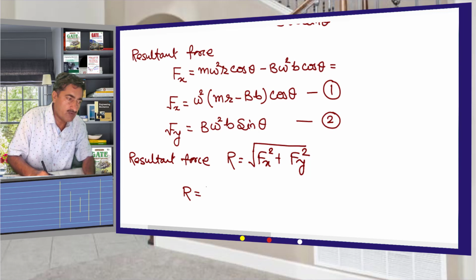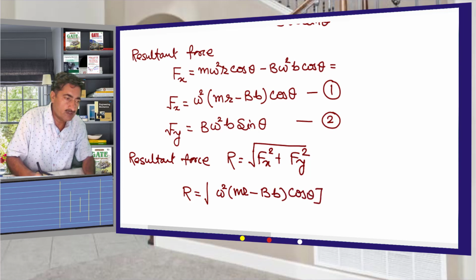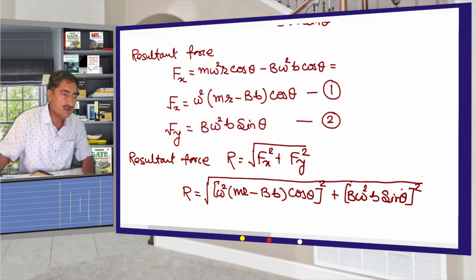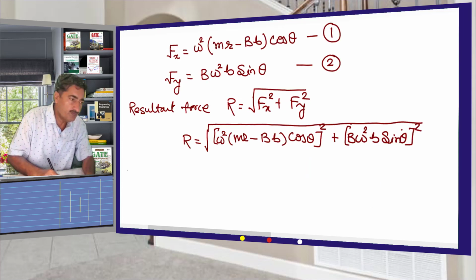Then R equal to omega square into ((mr minus Bb) cos theta) whole square plus, this is the resultant. Now Fx equal to 0 if mr equal to Bb.